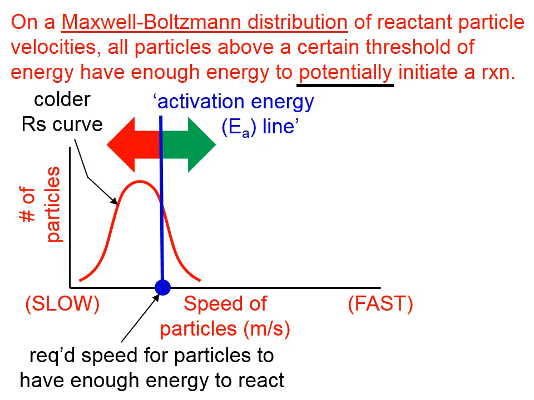If a particle is above that line, then it potentially could react if it hits the other reactant particle with the right orientation. We talked in a previous lesson about how it's not just enough to have the right amount of energy. You also have to collide with the right particle orientation. The particles to the right of this line could potentially react. The ones on the left have absolutely no chance of reacting.